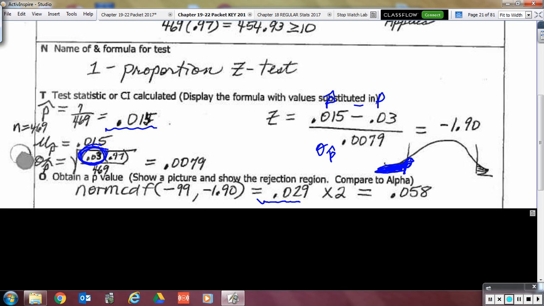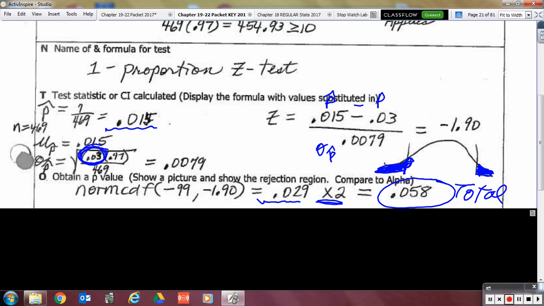However, this is a two-tailed problem, so just one tail is not enough. To get the total of both tails, I have to multiply it by 2, so the total p-value that I'm going to use to compare to alpha is 0.058. So we obtain a p-value and compare it to alpha.